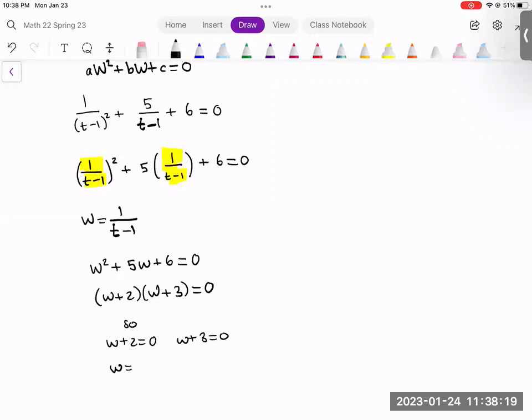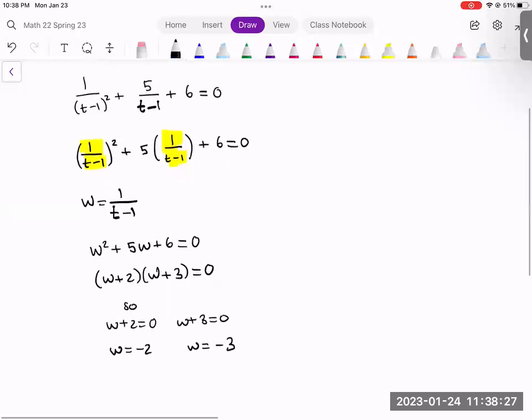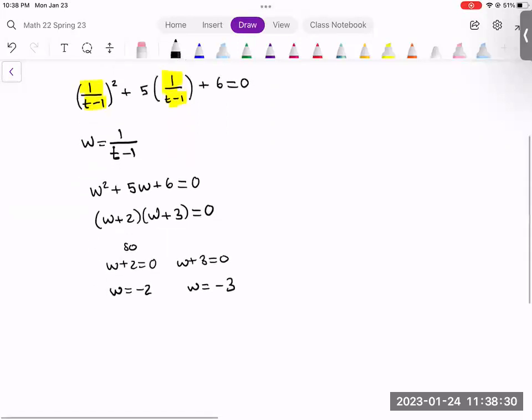And so we have two possible values. Either w is -2 or w is -3. But remember that w was a stand-in for 1 over t minus 1. So we have 1 over t minus 1 is -2, or 1 over t minus 1 is -3.